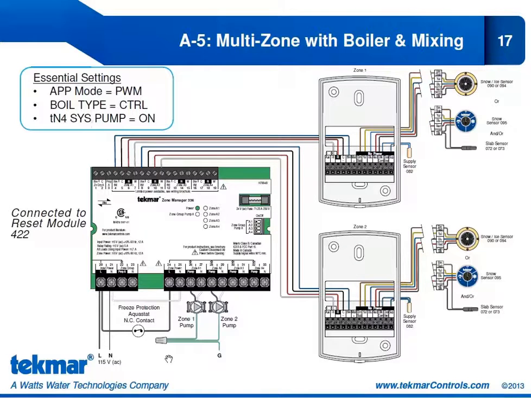I want to draw your attention here to the freeze protection aquastat and how it's wired. We have line voltage coming in to the 336, and that line voltage has been jumpered over to provide the zone power for those pumps. The freeze protection aquastat is wired in line with this jumper.